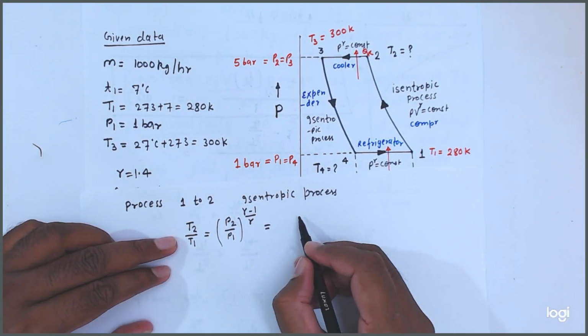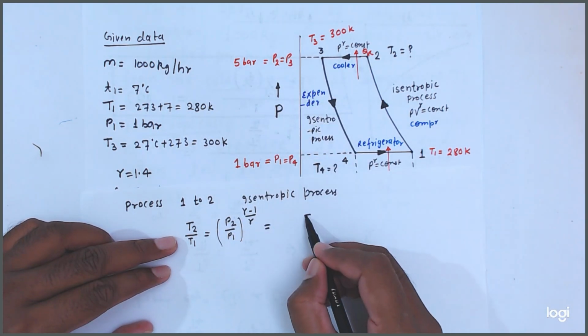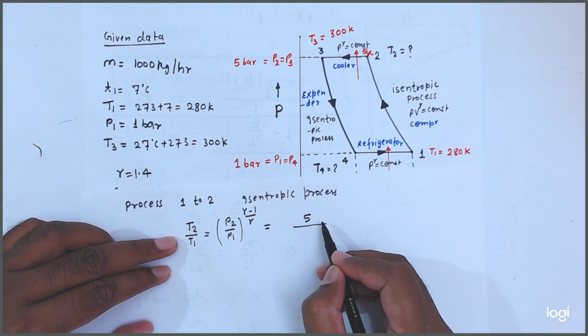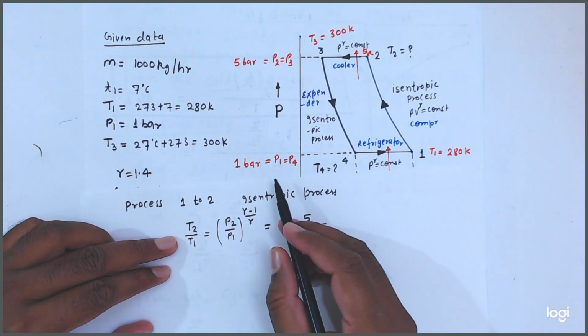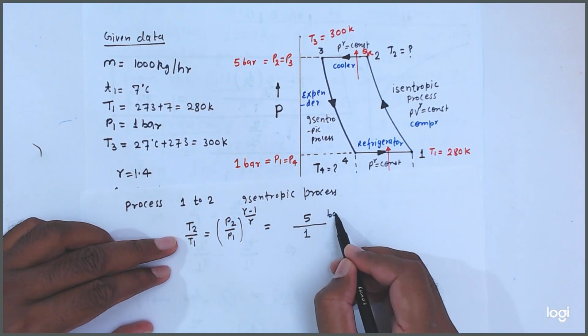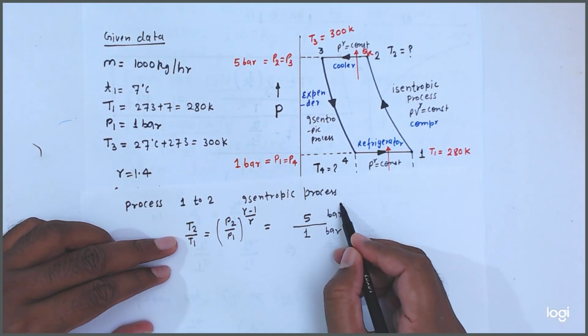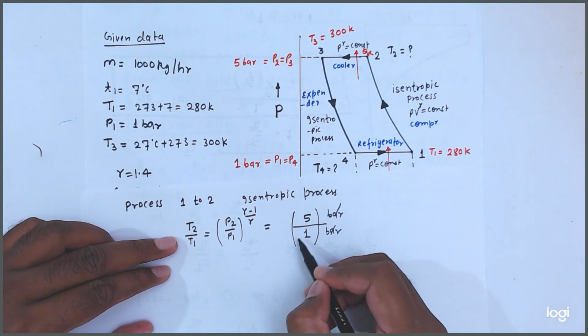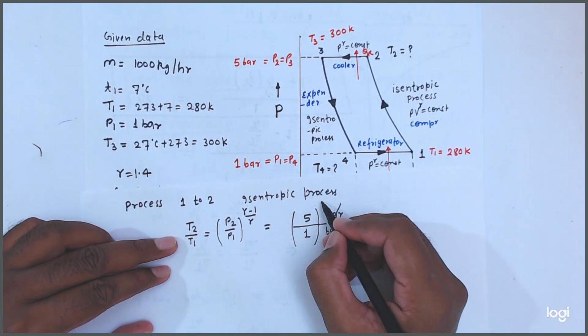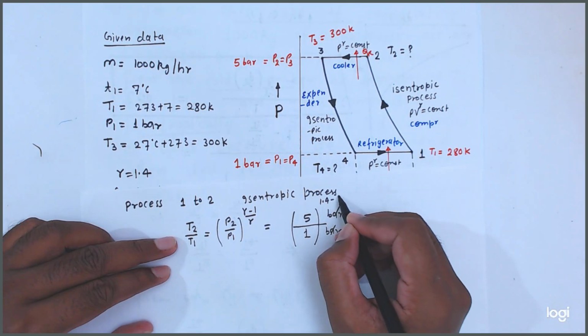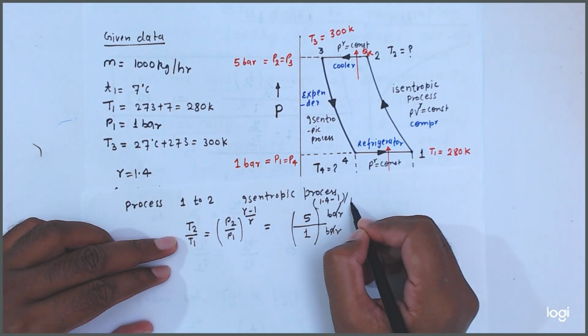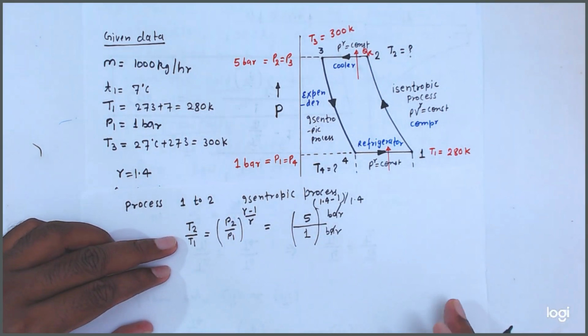So P2 is equal to how much? 5 bar, divided by 1 bar. The unit is the same, bar and bar, so it will cancel out, and the value of gamma is 1.4, so 1.4 minus 1 divided by 1.4.